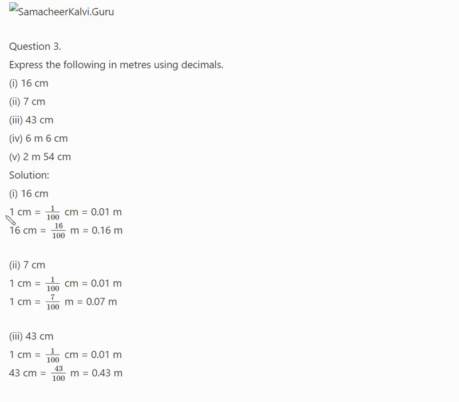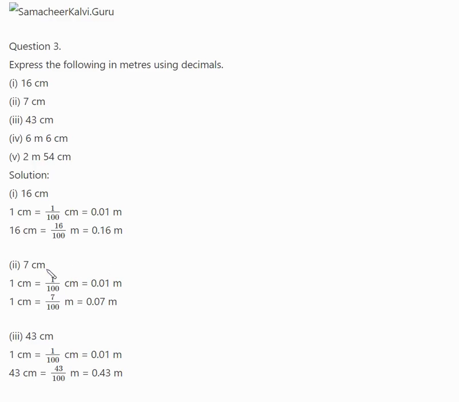Therefore 1 centimeter equal to 1 by 100 meter. So the centimeter we have to divide by 100. So therefore 16 centimeter equal to 16 divided by 100. So in the denominator we have 2 zeros. After 2 digits we have to keep a decimal. So the answer is 0.16 meter.